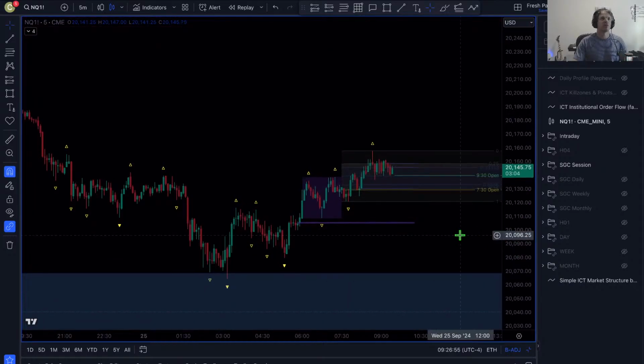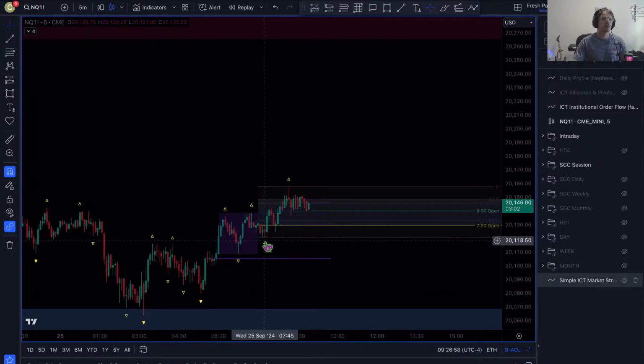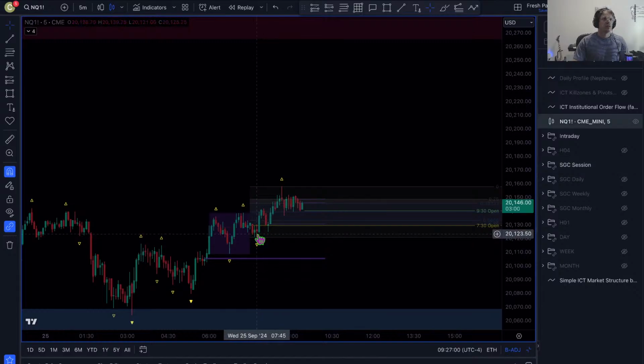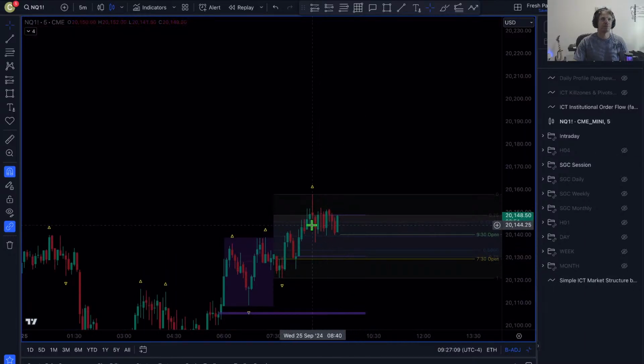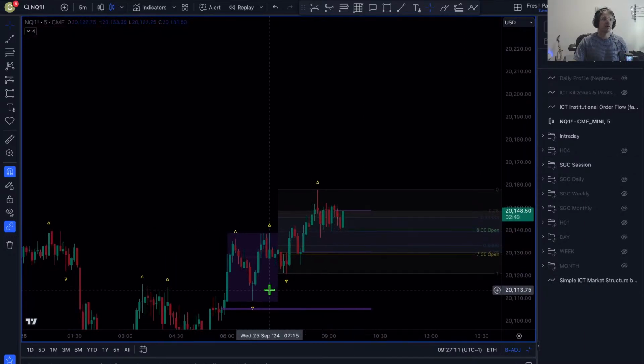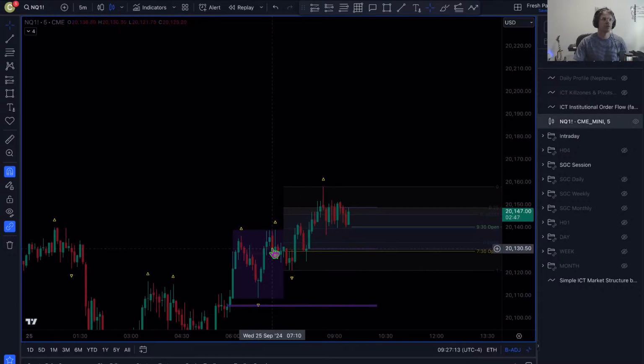So here's your 5-minute session, first quarter. You did get a sweep of this right here, and then continuation up, came back in, also grabbed liquidity, came back into this order block, continued up. So right now everything's just continuing up. Let's look at if this was a jump start right here within that first range.